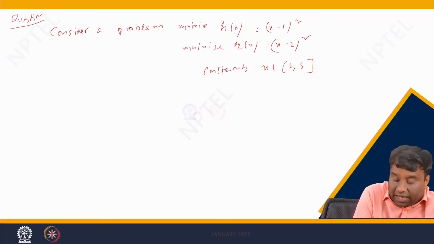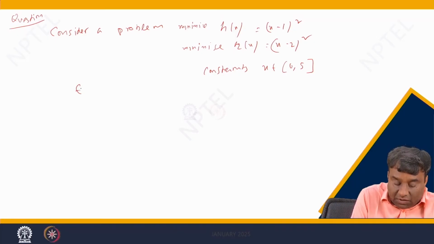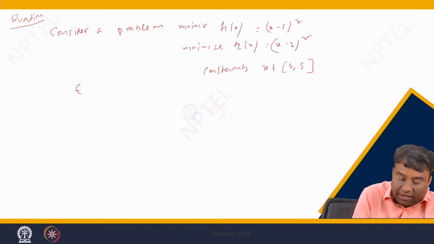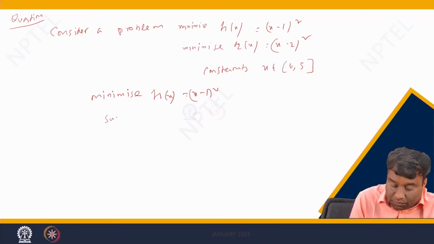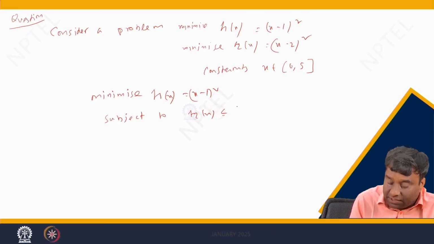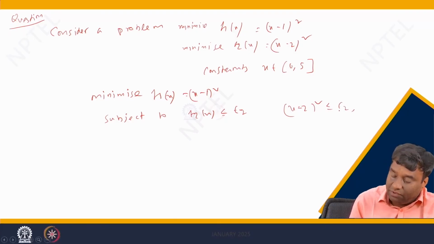So you can assume in this way: minimize the first objective f1(x), (x minus 1) whole squared, subject to f2(x) less than epsilon 2, that is (x minus 2) whole squared less than epsilon 2. So you can proceed with this question.